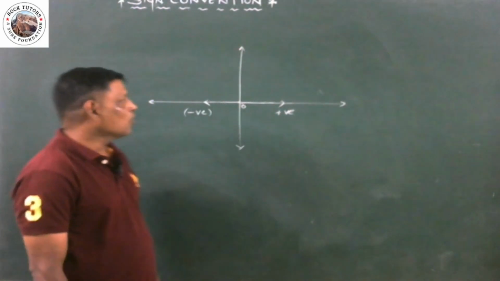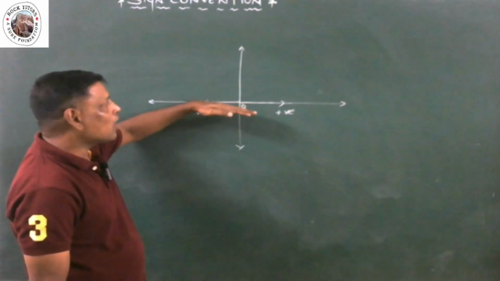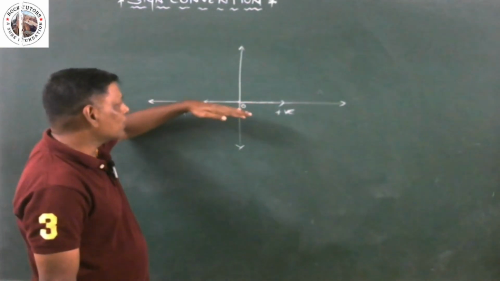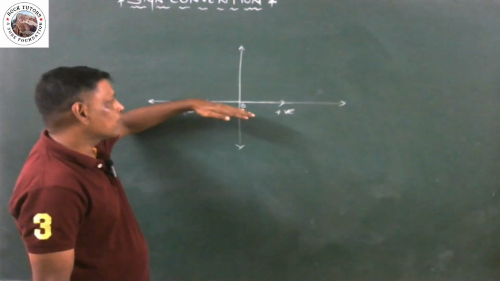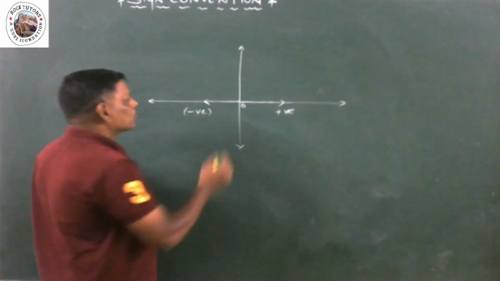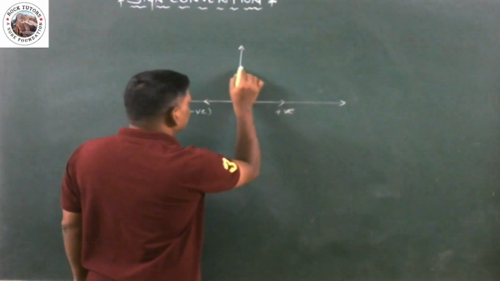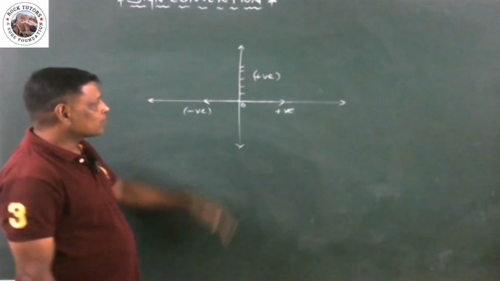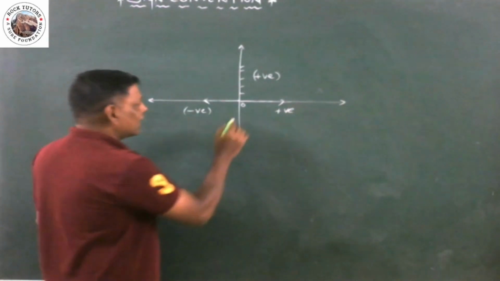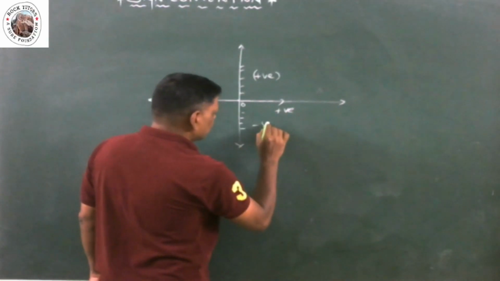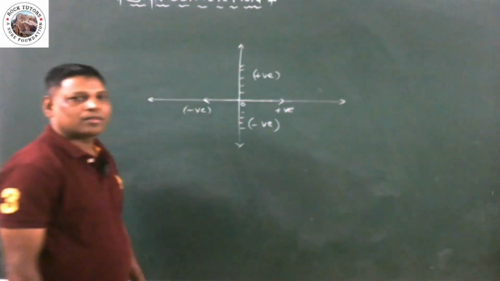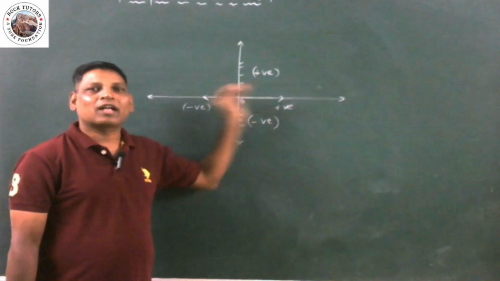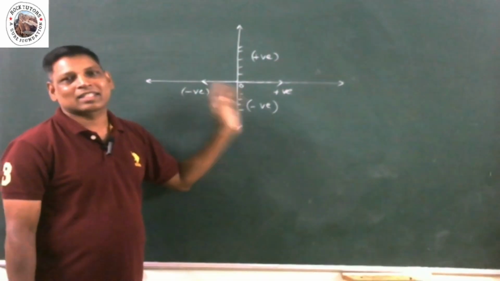If I am moving above the origin, above the x-axis, we will get positive values. Moving below the origin, we will get negative values. This is basic information about the Cartesian plane or Cartesian system.